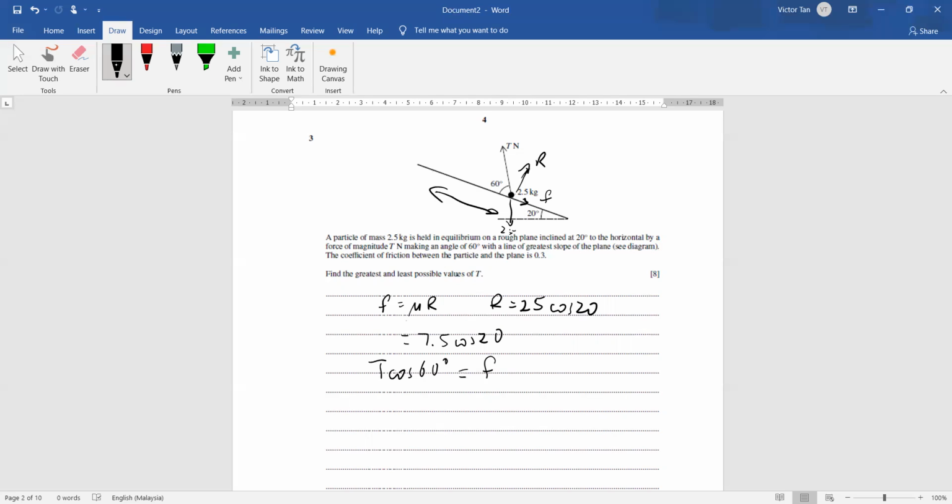Upwards is T cos 60, downwards is your friction plus your weight sine 20. So T equals 7.5 cos 20 plus 25 sine 20 over cos 60. This is 64.1 Newton.